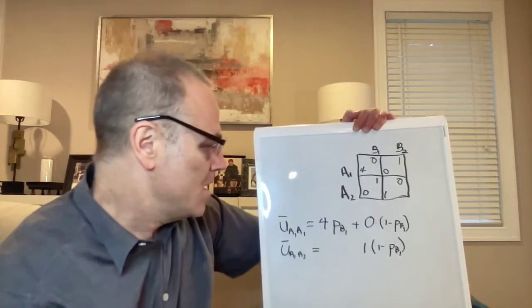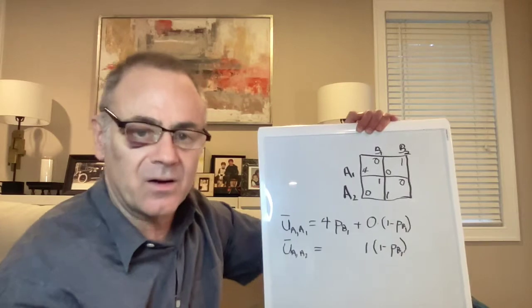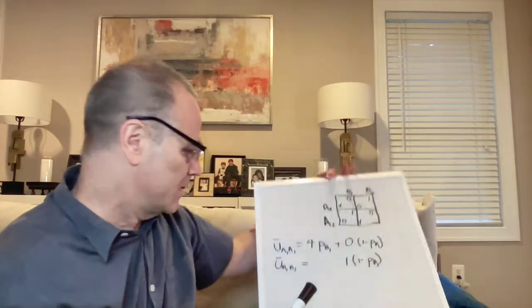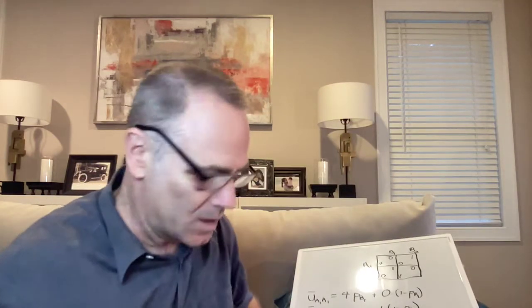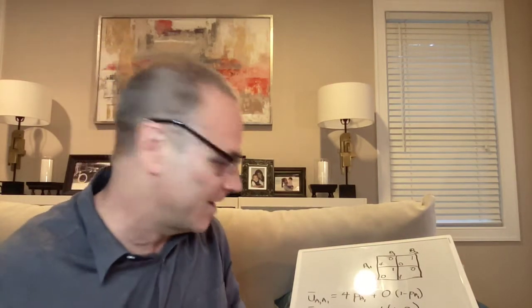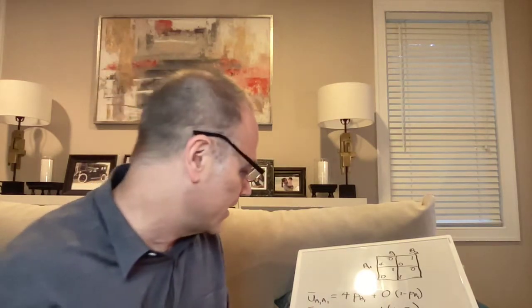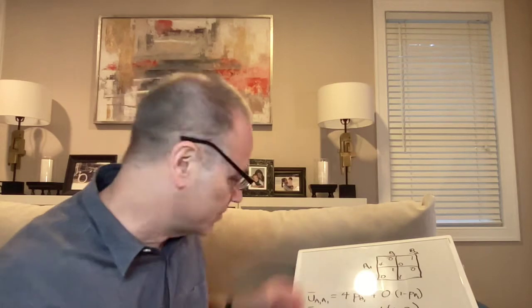All right. Now, here is what we're going to do next. We are going to do what I call the McFadden trick. We're going to ask what's the probability that A plays A1, and the answer is we're going to add some other utility.